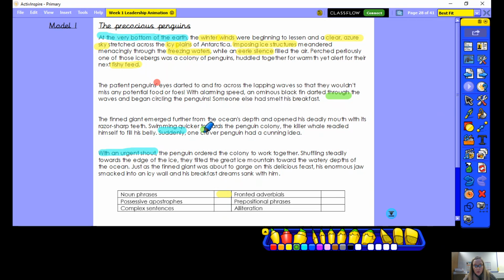Swimming quicker towards the penguin colony. So the word towards. And another word here, towards. They tilted. And we've got the word into. Okay, some good examples there.